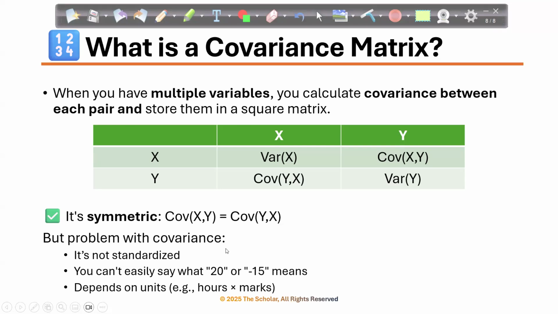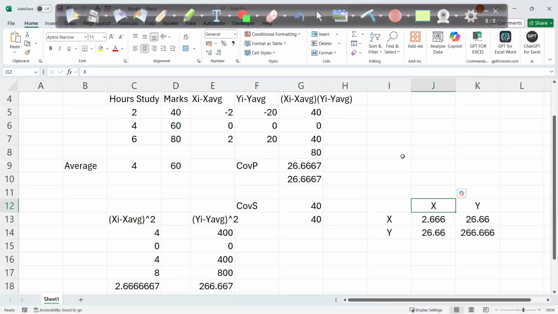But the problem with covariance is what? But this is whole square. Whole square as in? Am I missing something? I am doing xi minus x average whole square, right? Minus 20 whole square.